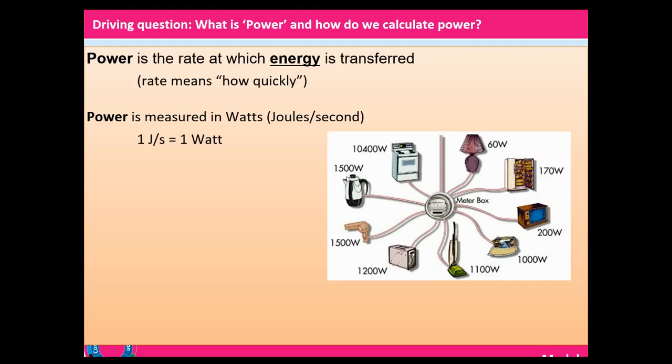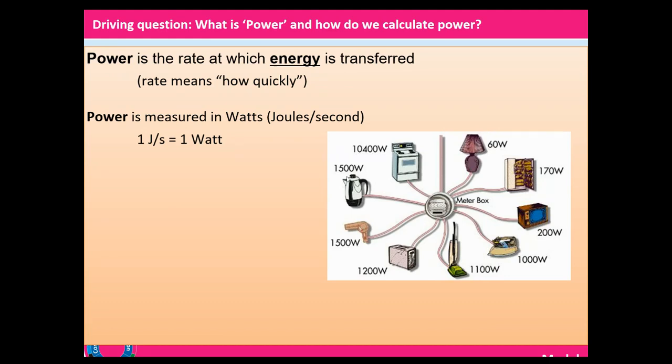Let's compare this with another kettle that has a power rating of 1000 watts. What it simply means is that the kettle with a power rating of 1500 watts is more powerful than the kettle with 1000 watts. How or why do we say that?